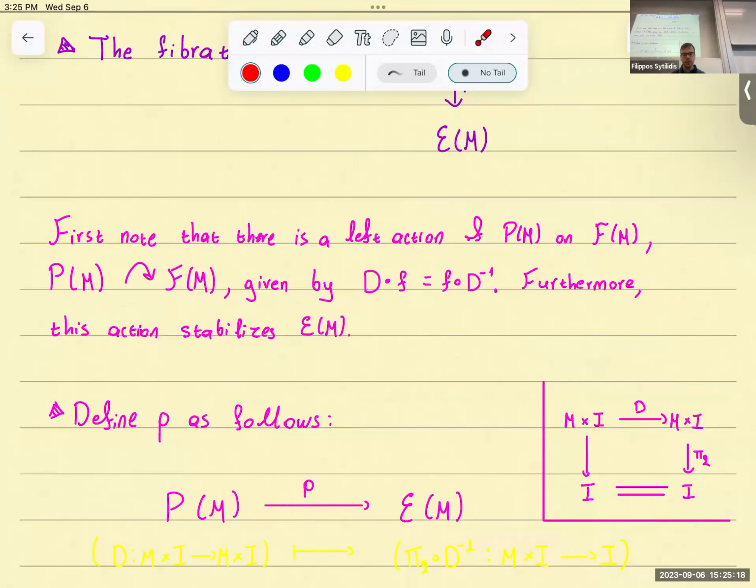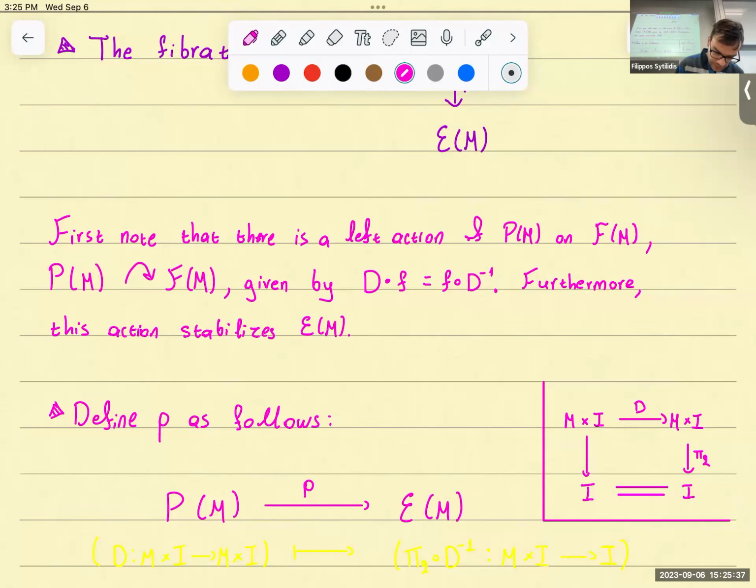Okay, so first thing to note is that the space of pseudo-isotopies acts on the space of real valued functions on M cross I. How does it act there? There is really only one thing you can do.